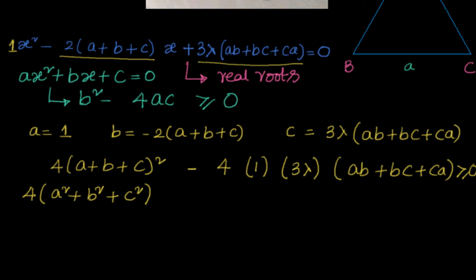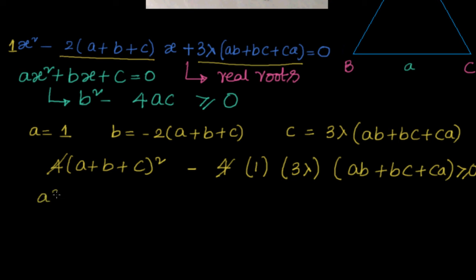Maybe before that I'll just take out 4 on both sides because that will make it easy for us. Okay, let us strike out 4. So we have now only (a plus b plus c) whole square minus 3 lambda into (ab plus bc plus ca) greater than or equal to 0.